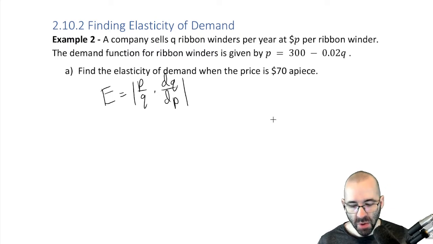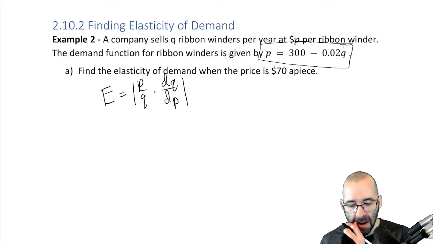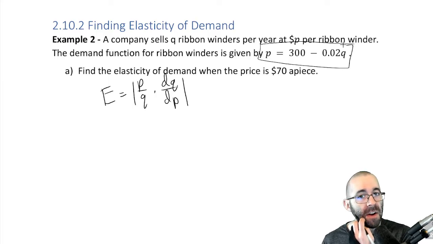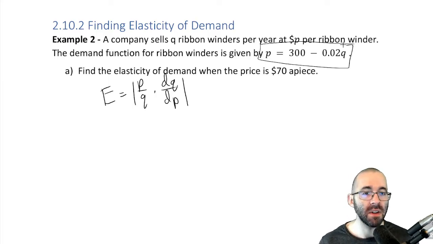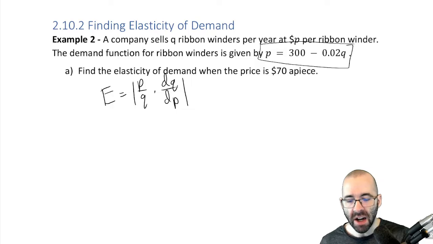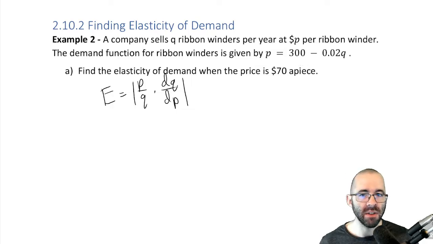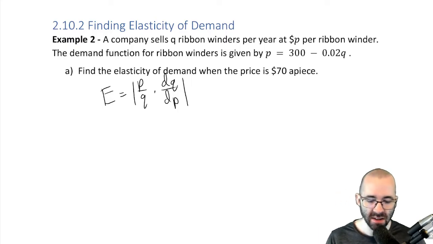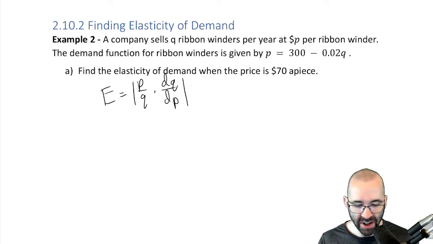Okay, so we need the derivative of Q with respect to P. Unfortunately, this isn't really solved for Q. And so you can either solve for Q, or you can just take the derivative with respect to P of both sides. But that's kind of getting into a more complicated topic that we didn't really cover.